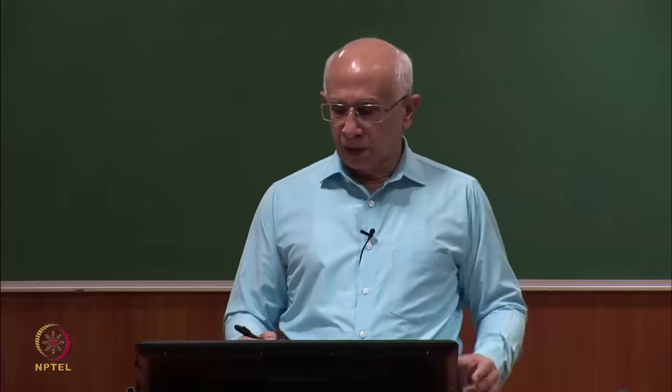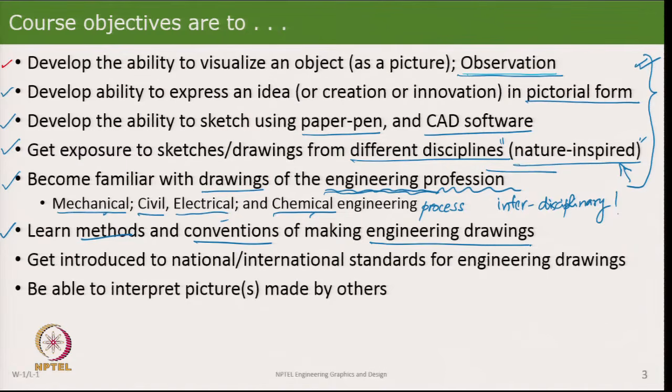But when we come to making engineering drawings, a lot of that flexibility is gone, especially when we want to communicate with others. There is a very specific set of standards, national and international, which we must follow. We do not have a choice. And that is where we come to the next point, that we will get introduced to various national and international standards, which dominate the world of engineering drawing.